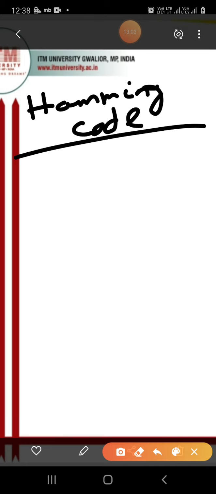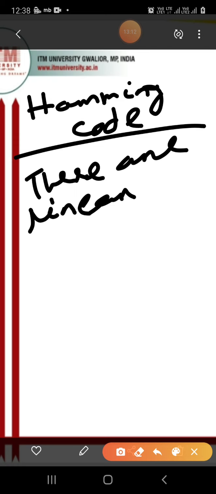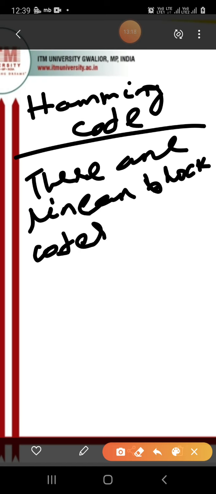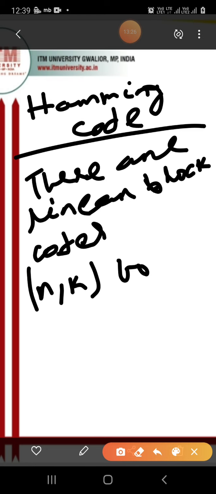So now coming to the description of Hamming code. Hamming codes are linear block codes in the family of (n, k) Hamming codes for m greater than or equal to 3.